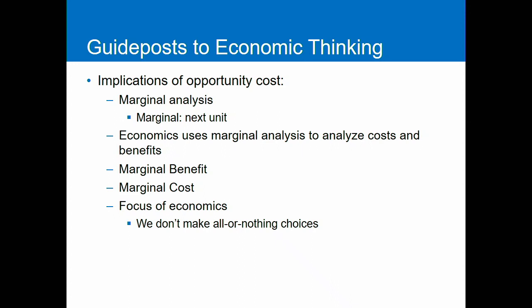Instead of considering all or nothing, you're looking at purchasing the next unit. So when we analyze costs and benefits of actions, we'll use marginal analysis. Instead of weighing the choice between all clothing and all food, it's that next meal or that next shirt.